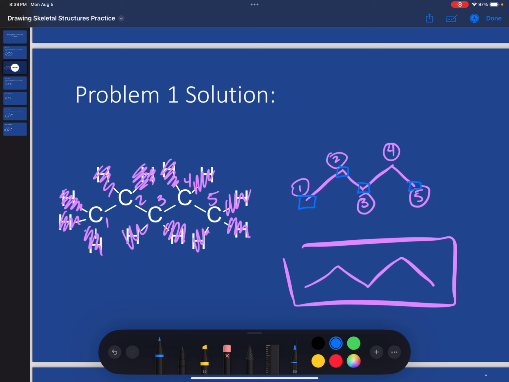A lot of times I see students look at the line. The line is not the atom. The line is the bond. So if we look specifically at 3 and 4, we have a line here in our Lewis structure. That's just your bond, okay? It is only these apexes, I think is the right word, or intersects, if you will, that are your actual carbon atoms. Okay, I hope that made sense.